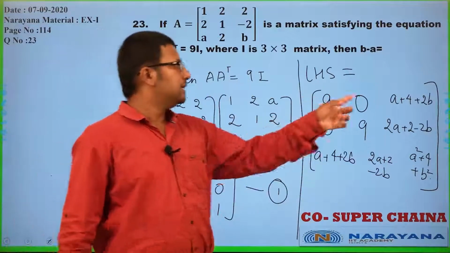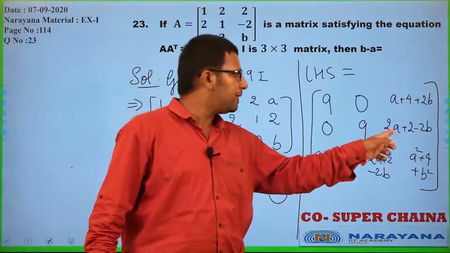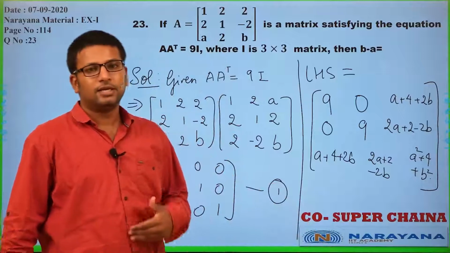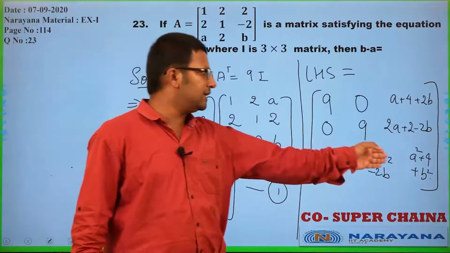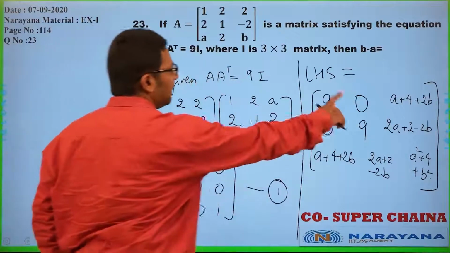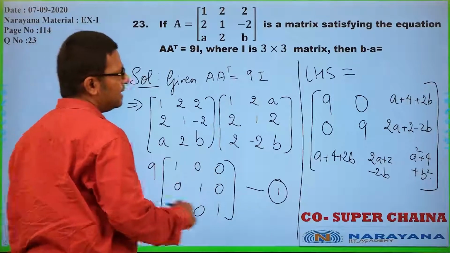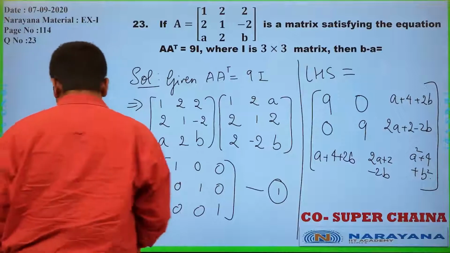Now you see, there is a plus 4 plus 2b at two places, so any one of them. 2a plus 2 minus 2b is also there, and a square plus 4 plus b square is there. There are only two unknowns, which means we need only two equations, right? So instead of taking the square one, we will take the linear terms, right? Which means a plus 4 plus 2b is 0, correct? And 2a plus 2 minus 2b is also 0, right?